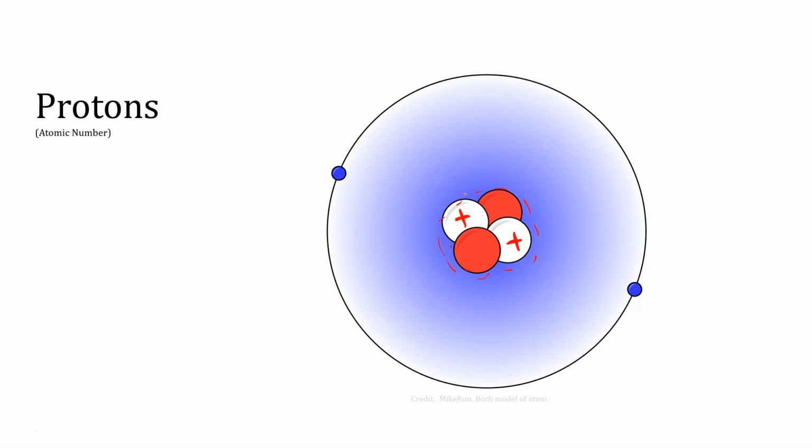Now, there are a couple of important features of protons. They are positively charged, as we said, but another really important thing is that it's the number of protons which determines what type of element it is.